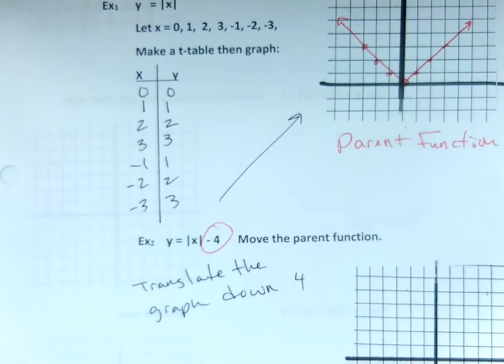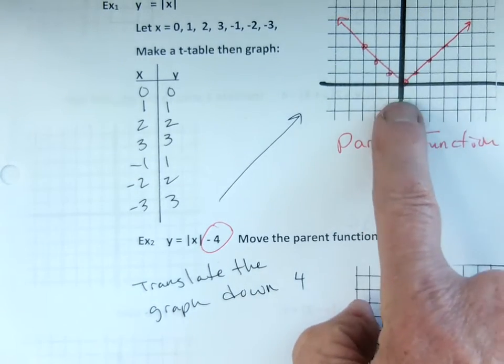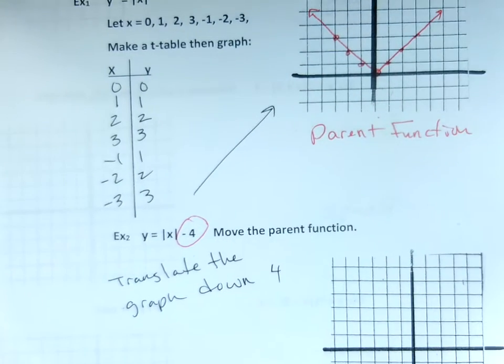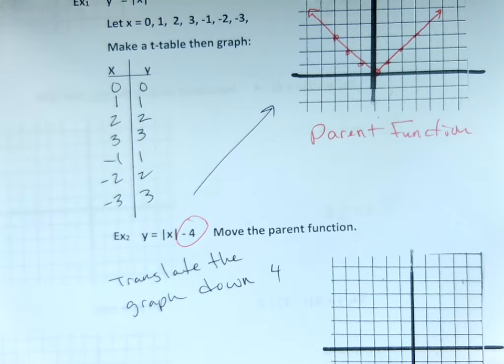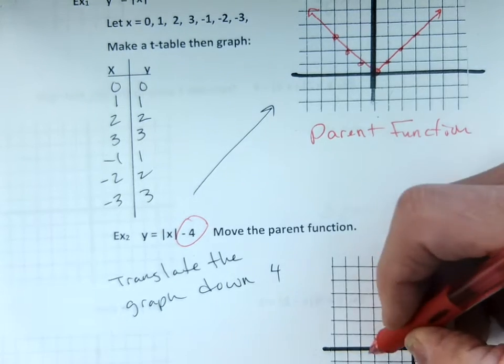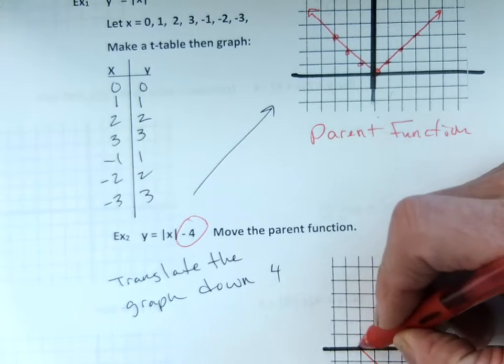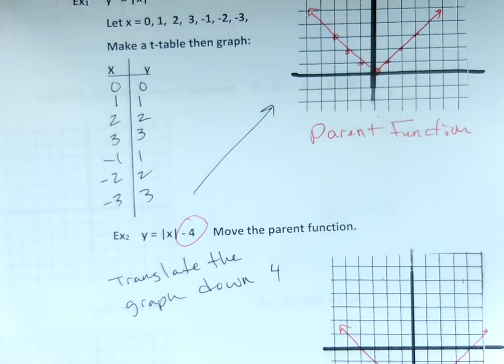Just take the whole thing, bring it down 1, 2, 3, 4. Graph it in. How am I doing so far?